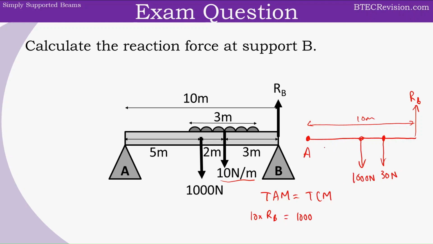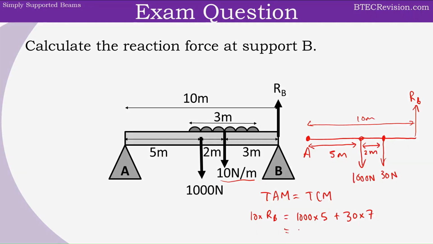And the distance between the 1000 newtons and support A is 5 meters. So that's times 5. And there's also another clockwise moment, which is 30 newtons, and there is an additional 2 meters of distance. So that's 7 in total. So that makes that 30 times 7.